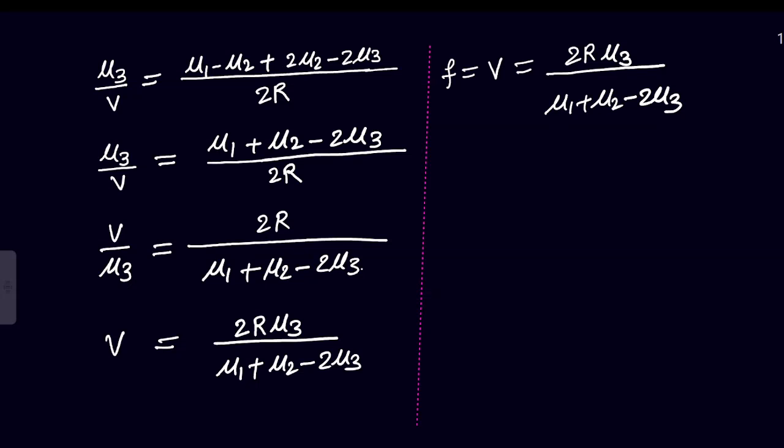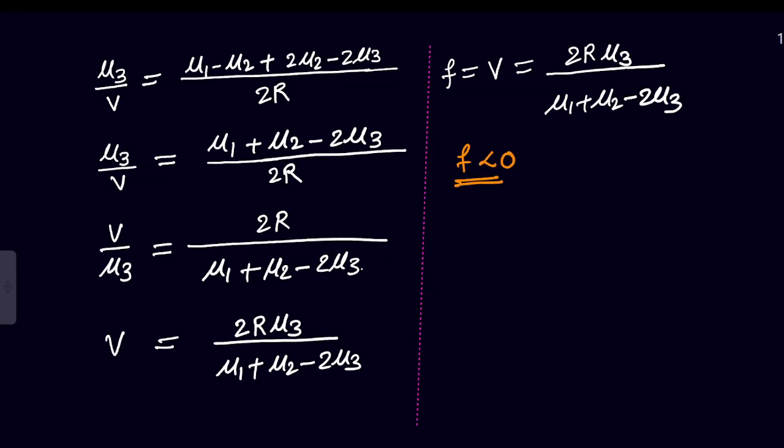Now, what type of lens has to be this? It has to be a diverging lens. Diverging lens means concave, so the focal length must be negative. So F must be less than 0.